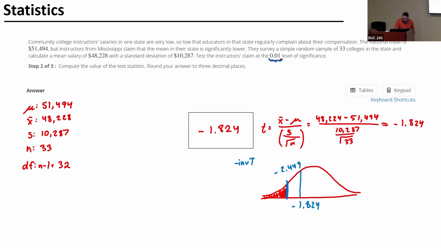Then go down to inverse T. Notice you have a significance level of 0.01, and your degrees of freedom are going to be 32. When you do that in your calculator, you're going to get negative 2.448677. Well, you don't know that. Round to three decimal places, and that tells you negative 2.449 is going to be that T value.